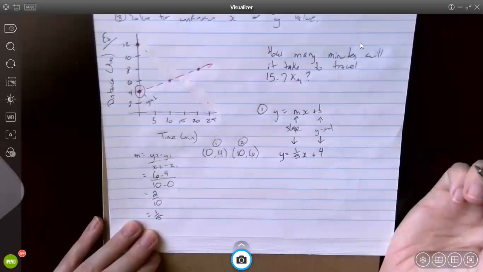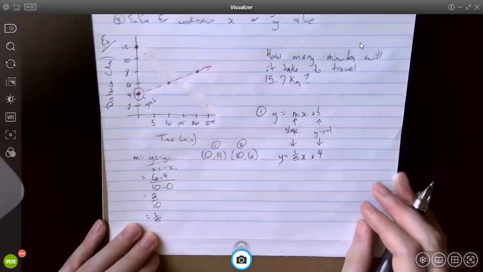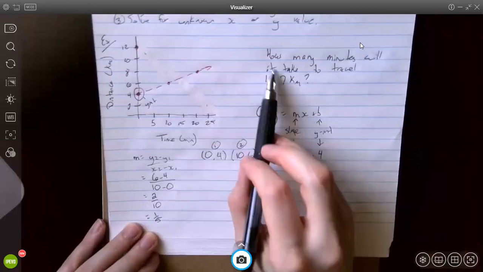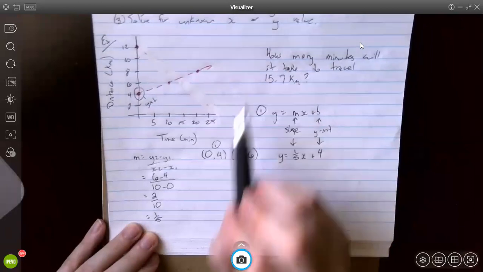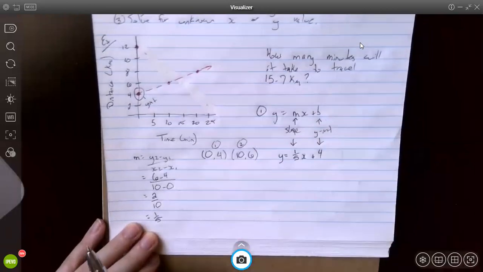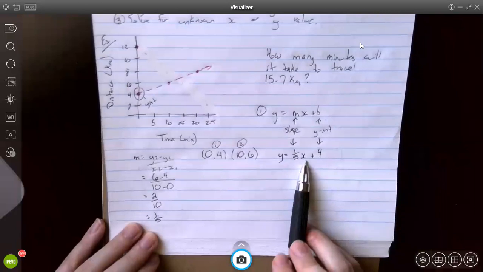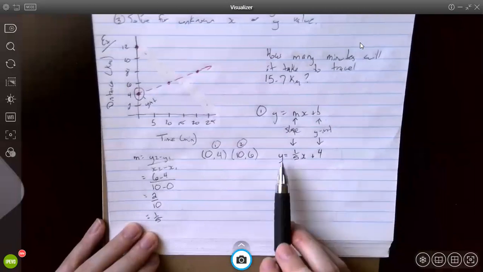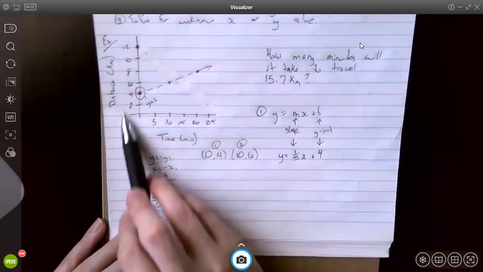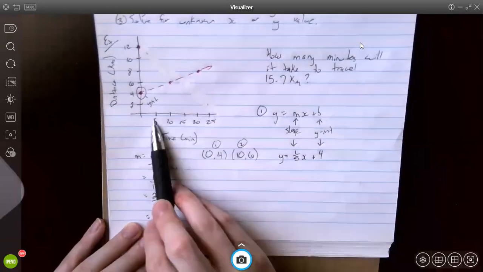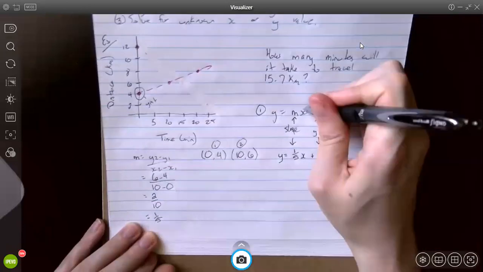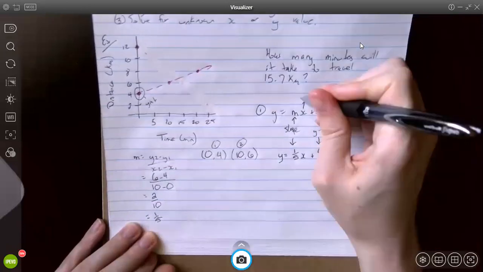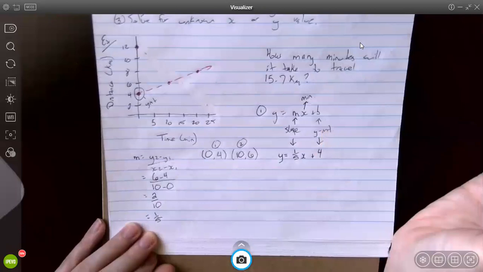My second step is to then plug in my known x or y value, which is this 15.7. In order to do that, I have to figure out if 15.7 should go where the x is or where the y is. So in this graph here, time is across my x-axis. So x is going to be how many minutes it's going to take.